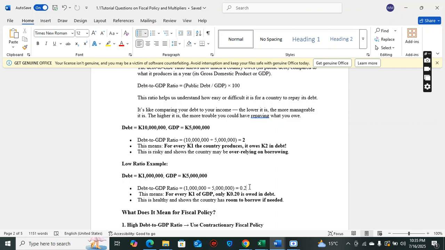So one way we can interpret this is, for every 1 kwacha of GDP, we're owing 20 ngwee in debt. So when you get that 1 kwacha, you can pay off your debt and you have some change. Any questions before we apply this now to fiscal policy?